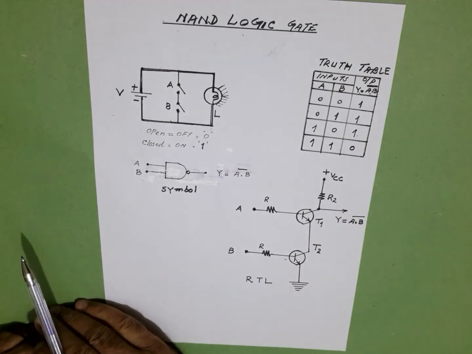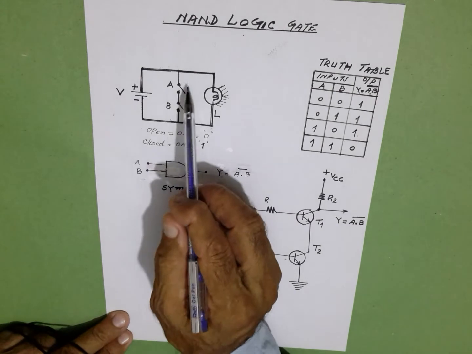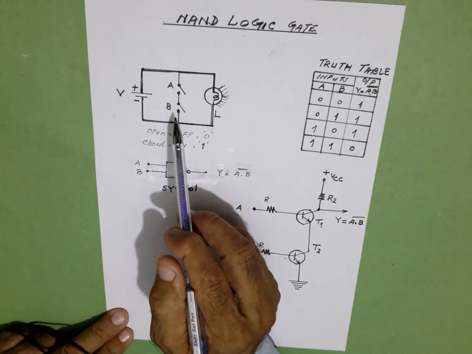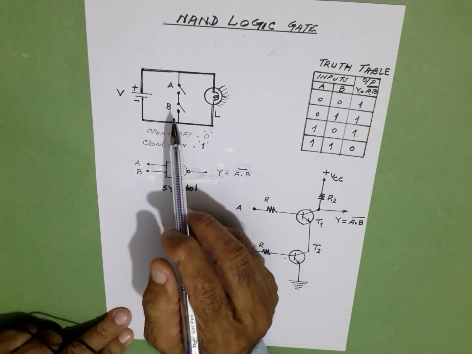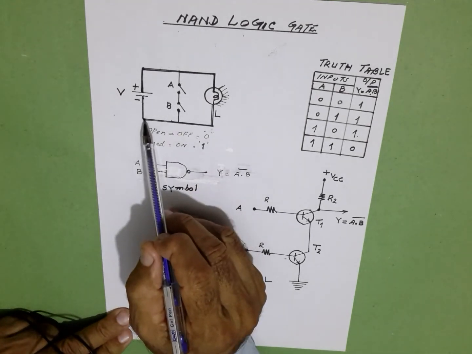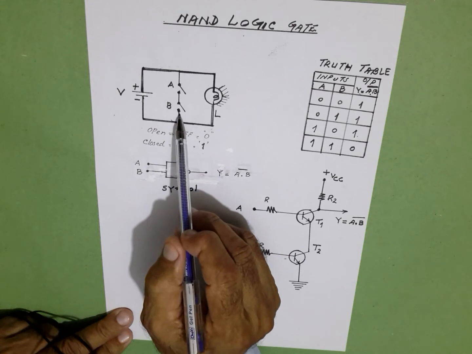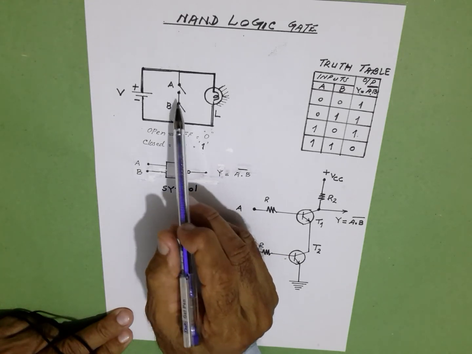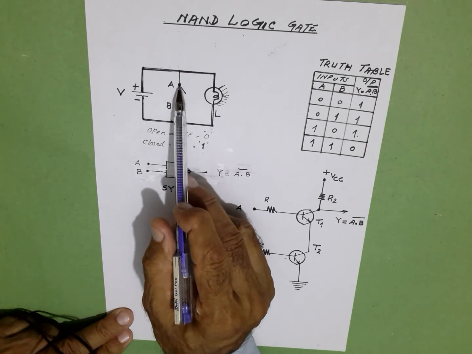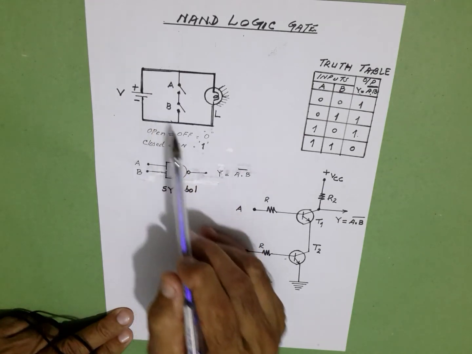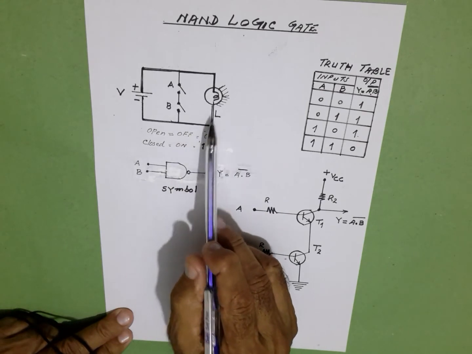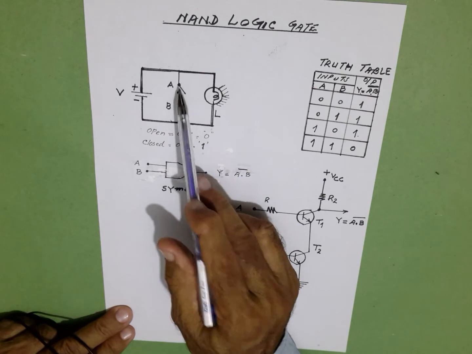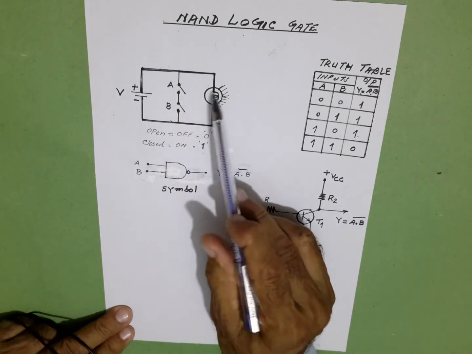For the fourth combination, when switches A and B are both closed, closed meaning on position, the current coming here finds a path through switch B. A closed switch is just a piece of wire, so it flows through A and back to the battery. The current does not flow through the lamp because it finds an easier path through the piece of wire, whereas the lamp offers resistance.